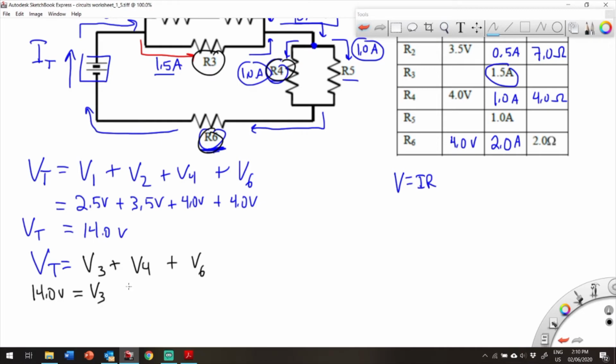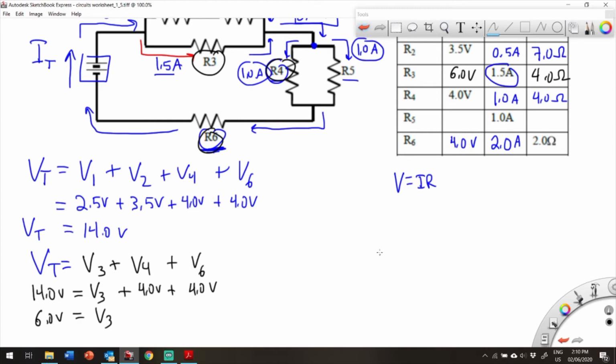V3 is what I'm trying to find. V4 is 4 volts, and V6 is also 4 volts. So 14 minus 4 minus 4, V3 must be 6 volts. Then with Ohm's law, 6 divided by 1.5 is 4 ohms for the resistance.